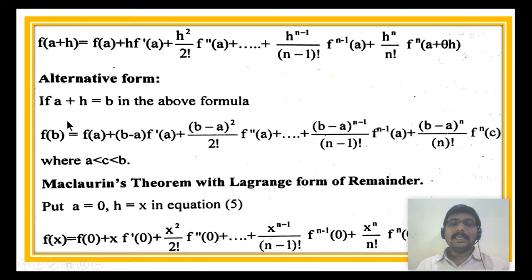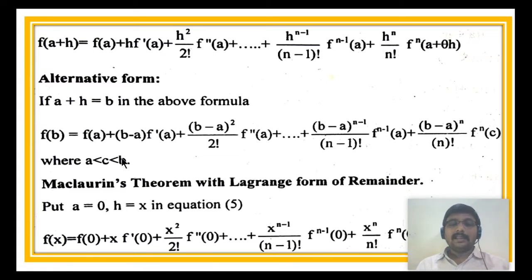So clearly a plus h is replaced with b, so that we get the first formula, that is the Taylor's theorem formula for f of x, which is defined in the closed interval a comma b.